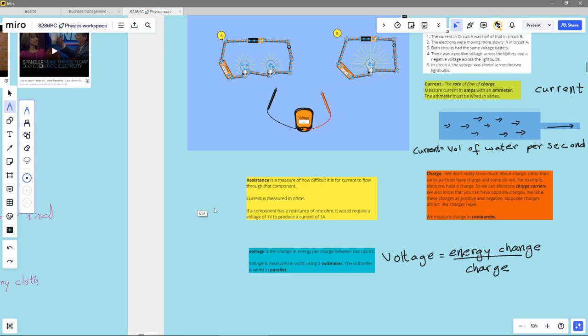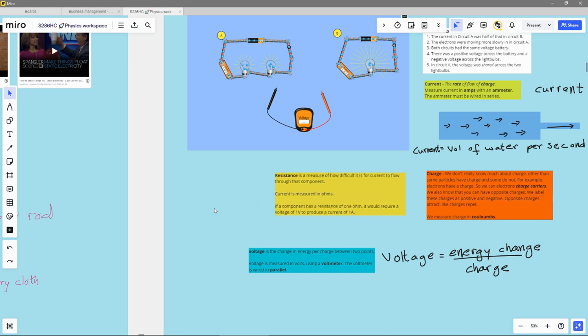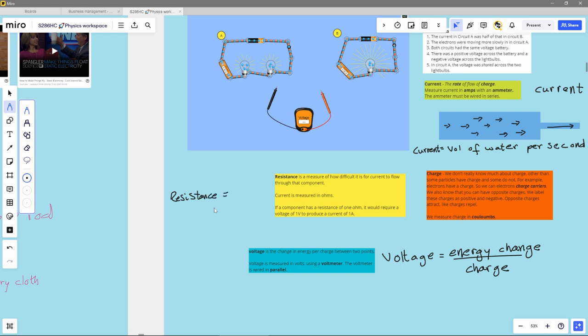Okay, I'm going to carry on writing the words in a moment as opposed to symbols, and I'll introduce the symbols afterwards. So resistance is equal to voltage divided by current.